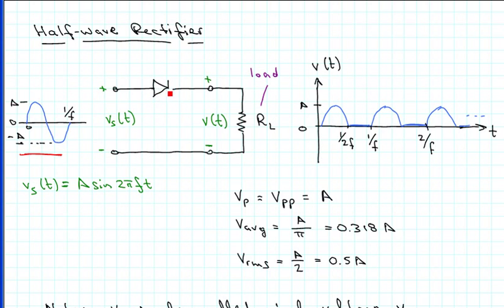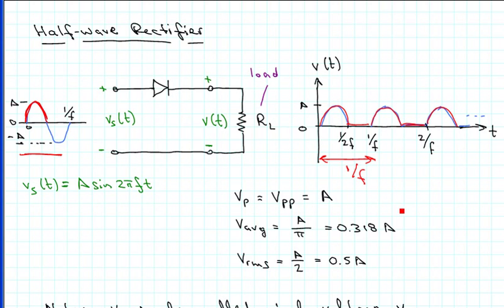This diode will only conduct during the positive half of that sinusoid, and during the negative half it will be blocking current, and so we get an output that looks like this. We just have the positive halves, in the negative halves we have 0, then we have positive halves again, and 0, positive halves. The period here is 1 over f.